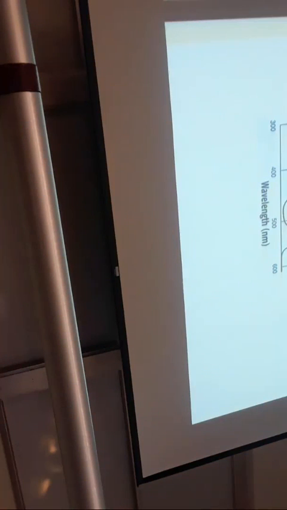So in the range of around 400 nanometers and above, up to about 600 nanometers, cytochromes have characteristic absorbance bands, which in the reduced state show 3 maxima here.